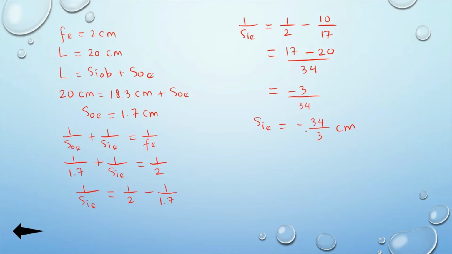Now, let's continue to question D. The eyepiece of a microscope behaves as a magnifying glass. That is why we can use the angular magnification of the magnifying glass to calculate the magnification produced by the eyepiece, because the eyepiece produces angular magnification.